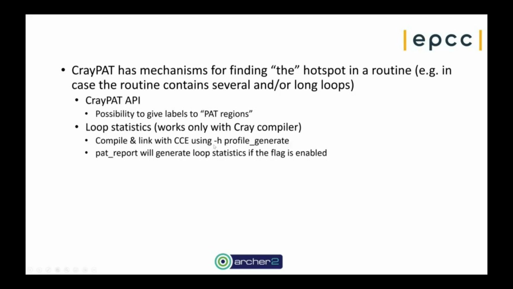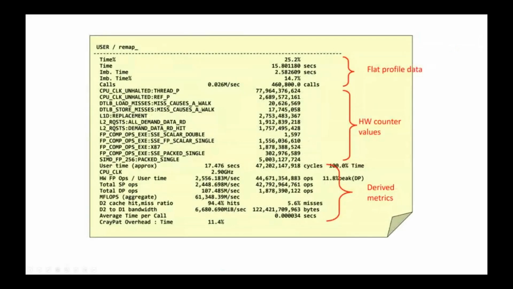So you can do an even more detailed evaluation of loops inside functions and subroutines using hprofile with the Cray compiler, hprofile generate, and that will look at those kind of things to give you a bit more detail on that kind of functionality as well. And we can start to get, with a more detailed profile than CrayPat, some of this hardware detail as well here. Again, this is generic, this is not specific to ARCHER2, so some of these will change if you run it on ARCHER2.